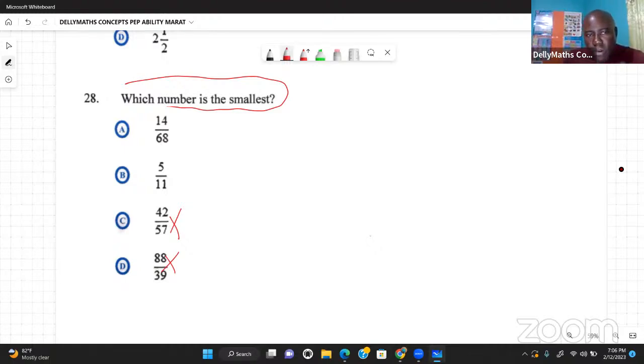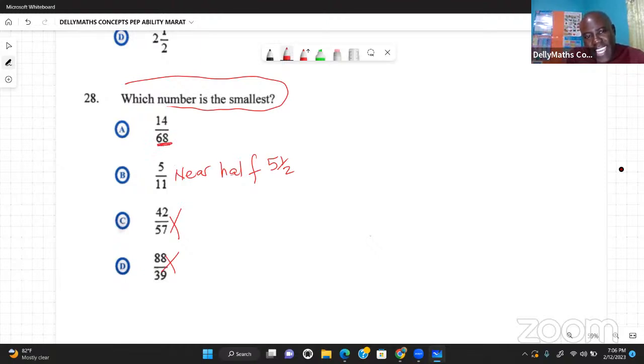Now, would you agree that 5 over 11 is near a half? This is so near to a half that, remember, half of 11 is 5.5. Now, what is half of 68?